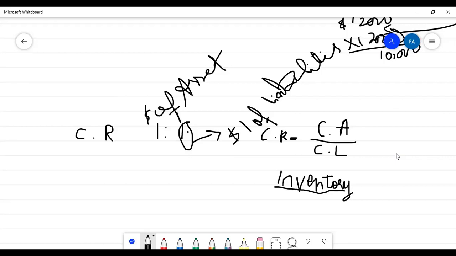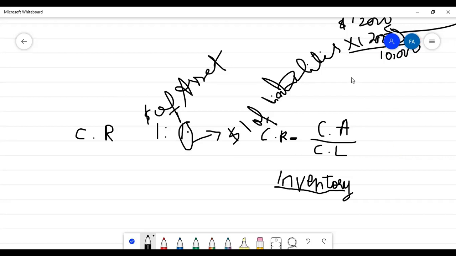But it is not legal to take it out from another person's account. So things are clear, but there are two problems. Accounts receivable, the customers will not pay me overnight. That's the second problem. The first problem is that we cannot sell inventory overnight.